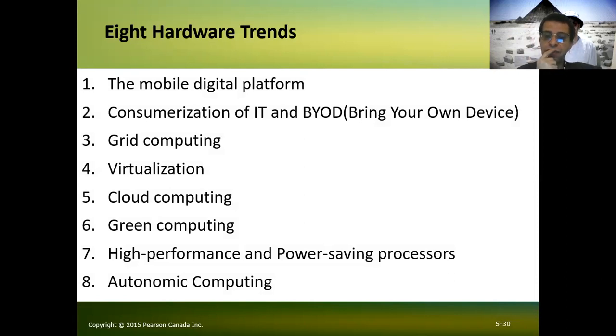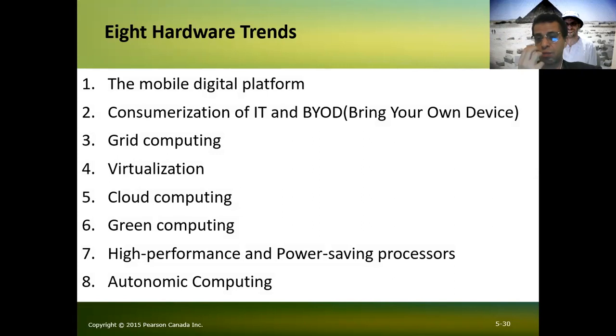And then what do you have? Grid computing. We'll talk about grid computing, virtualization. We have what you call cloud computing. We have green computing, which is how you dispose of old computers without harming the environment. And then we have high performance and power saving processors.